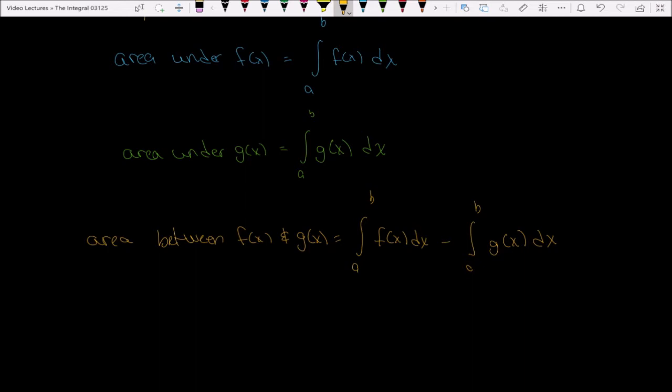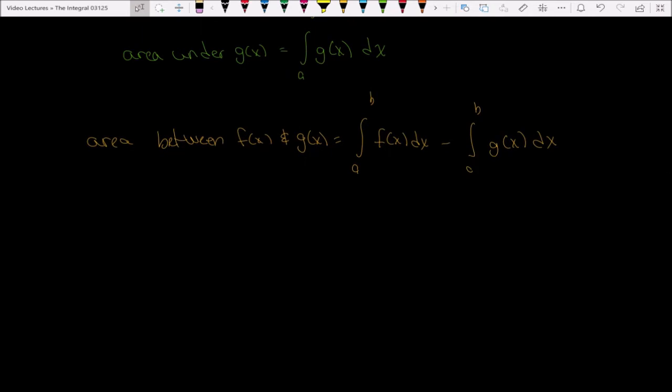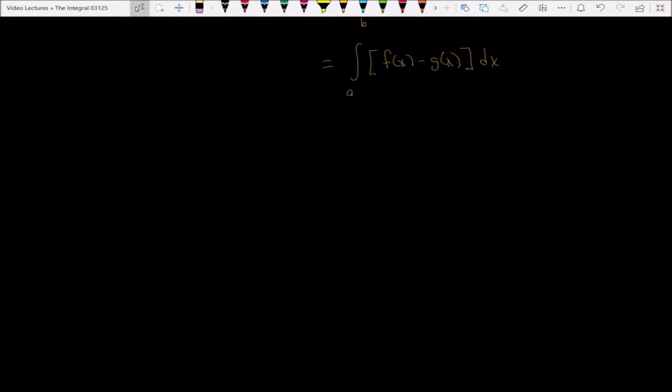And of course, since the Riemann integral is what's known as linear, we can write this as a single integral from a to b, f of x minus g of x dx. And that is our formula for finding the area between curves.